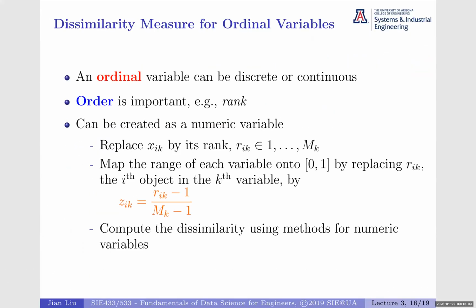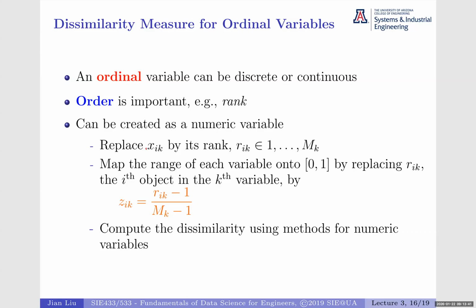Okay, and here we have ordinal variables with rank, right? Nominal or categorical values with rank. It is important to consider the order between different possible values for an ordinal variable. So in that case, we can create a numerical value for the ordinal variables.